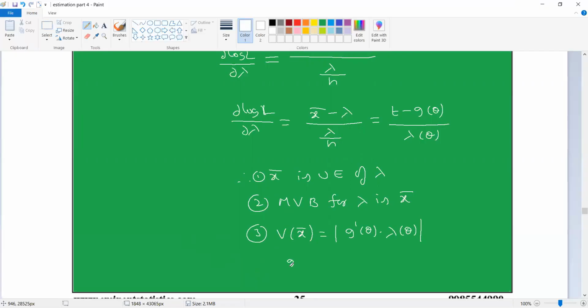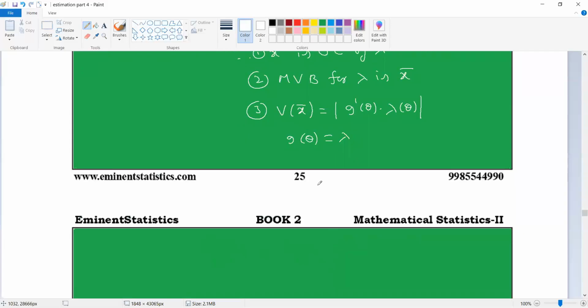In our problem, in place of g of theta we have lambda, so g dash with respect to lambda is 1.